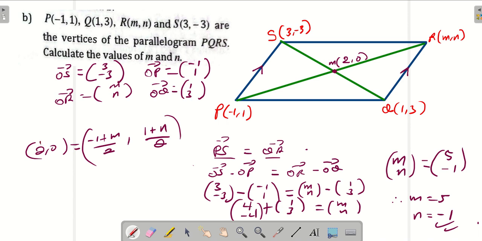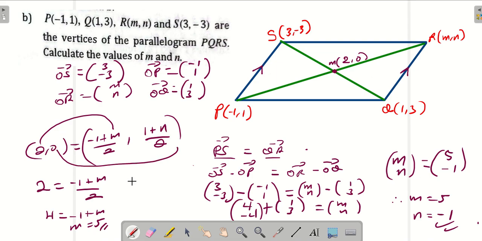So let's solve this one. 2 should be equal to negative 1 plus M divided by 2, and we have 4 should be equal to negative 1 plus M. And M is equal to what? 5. Then the second one: 0 is equal to 1 plus N all over 2. Then we have 1 plus N is equal to 0, and N is equal to negative 1.